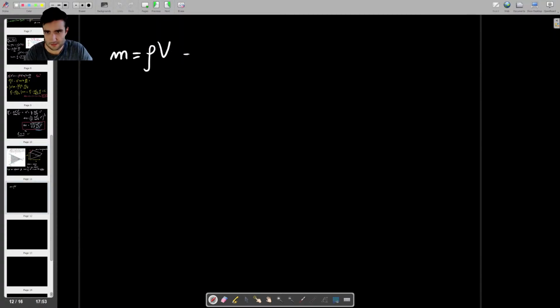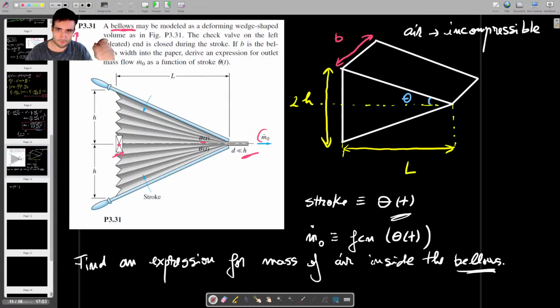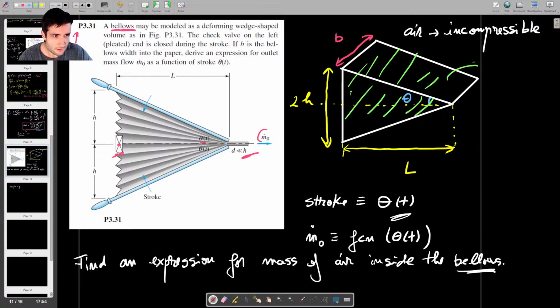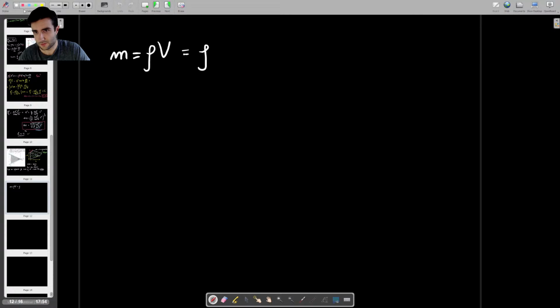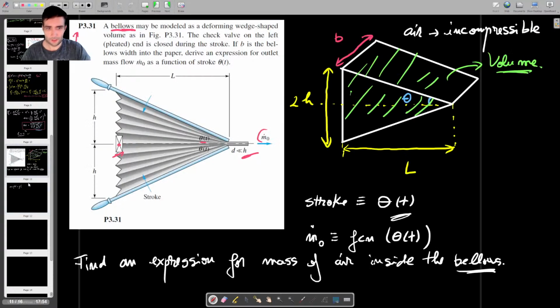The density I'm just gonna keep as rho, and the volume is the volume of this whole shape, because air takes up all the available space because it's a gas. So this whole thing is the volume that we want to calculate. That's gonna be based on two things: the area of the triangle multiplied by the B, which is the width of the bellows.